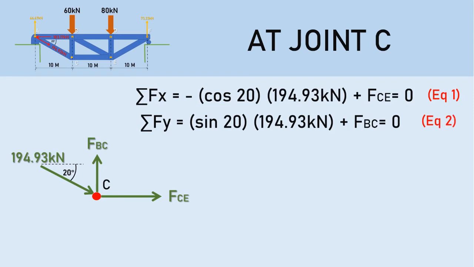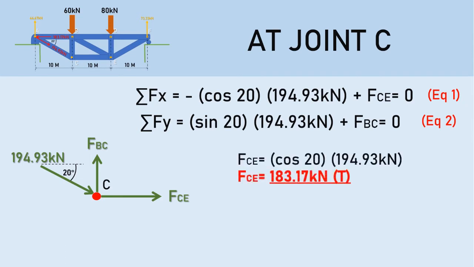Let's first solve for force CE. So cosine 20 times 194.93 kilonewton is equal to 183.17 kilonewton. And because it is positive, it will be tension.